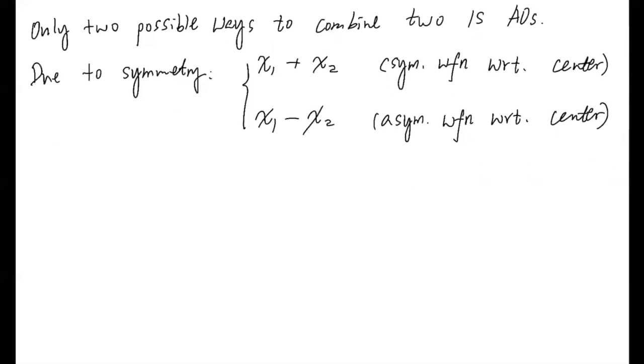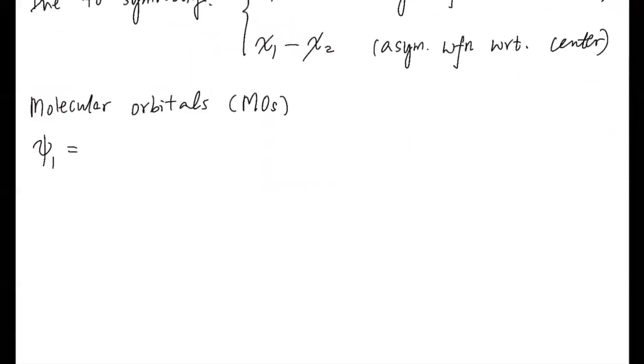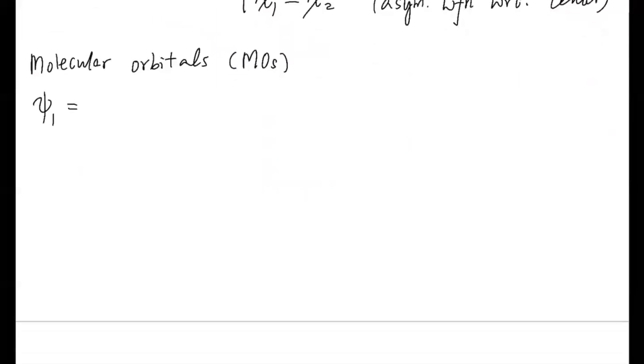Okay. So the linear combinations we have here in the Hartree-Fock theory are really the molecular orbitals, right? So let's write down the molecular orbitals. The first molecular orbital is denoted as psi 1. Here, 1 means the first molecular orbital.